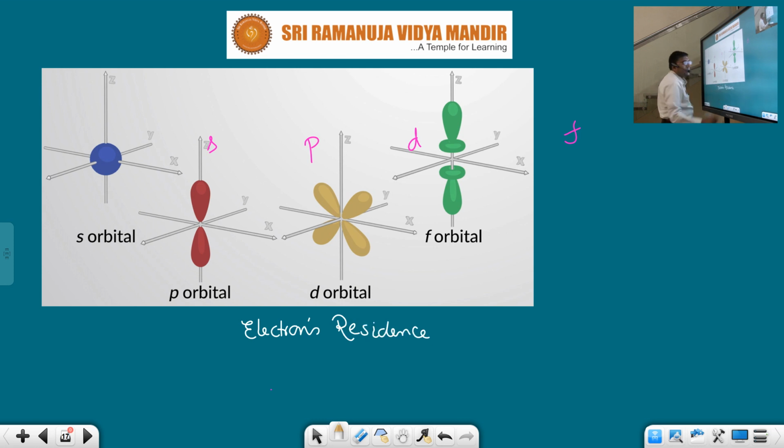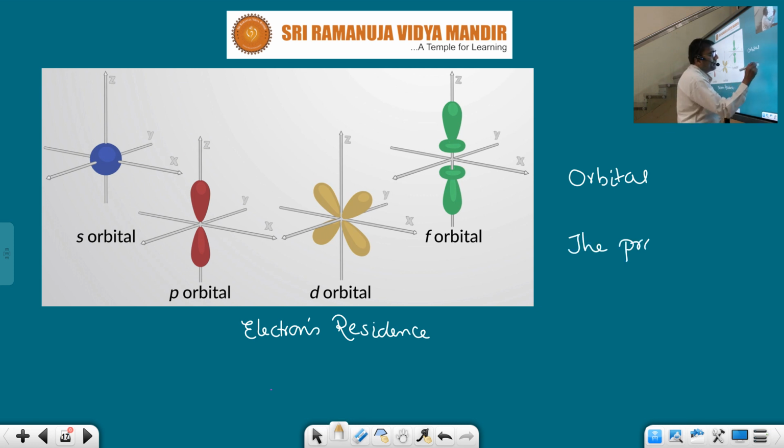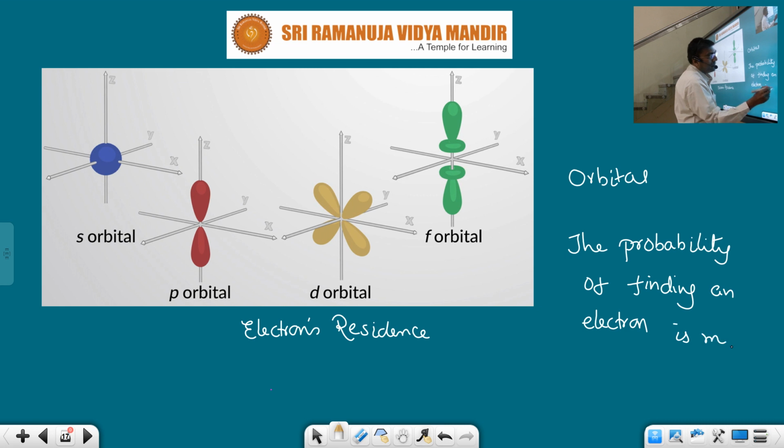Or, in a more technical way, an orbital is the region where the probability of finding an electron is maximum. This is called an orbital.